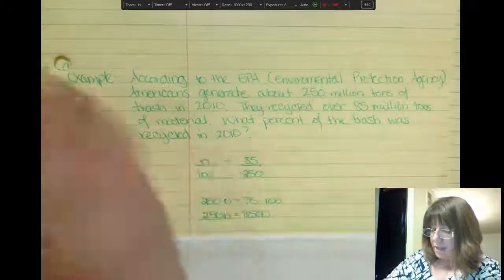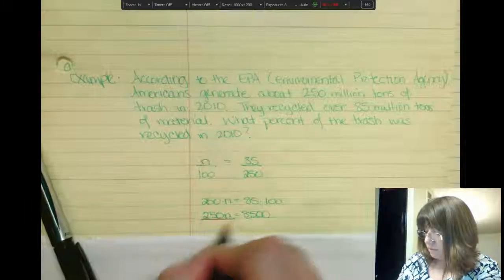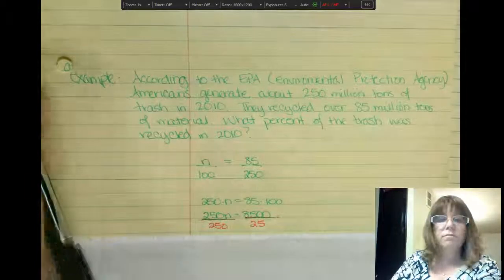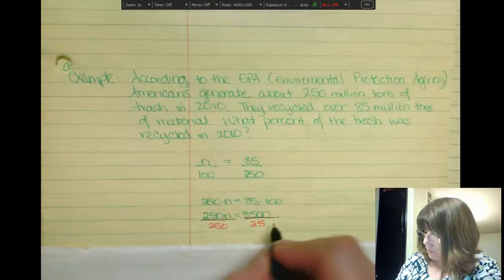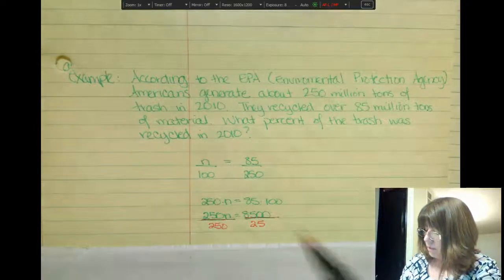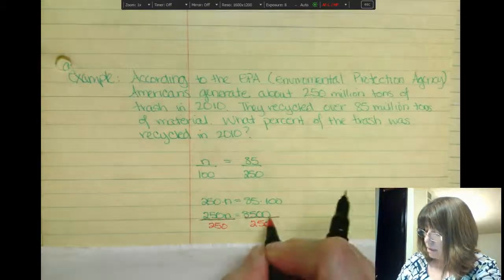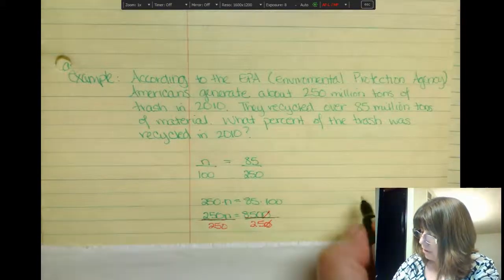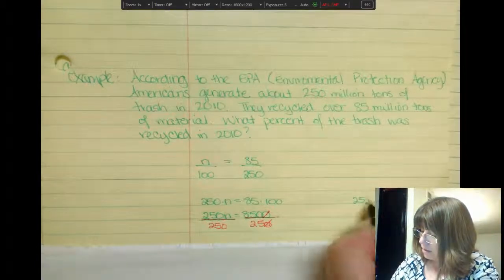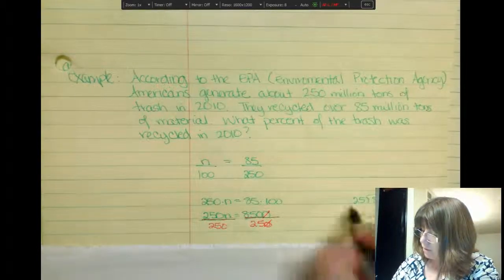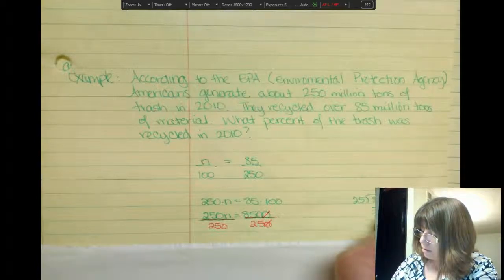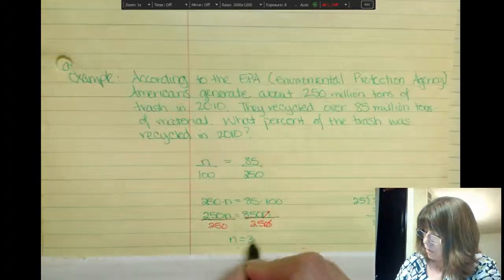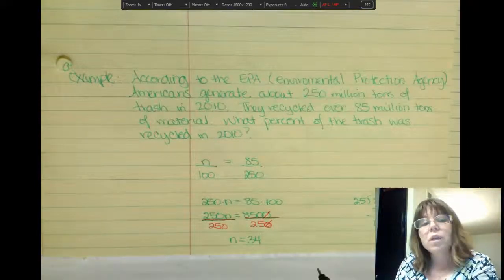Divide both sides by 250. I do know that the zeros will cancel out, and let me do a little bit of math on the side here. 25 goes into 850. So n equals 34.